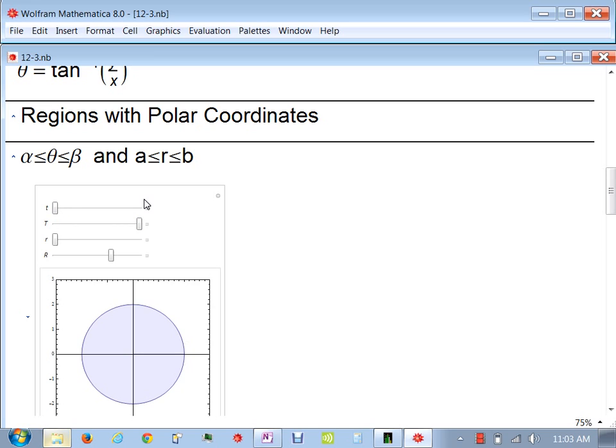Like that would be a region where my radius is between, let's say, 0 and whatever it is here, and then my angle's between where and where? 0 to 2 pi, right? But I could also bring that angle back, maybe to 3 pi over 2. Now my angle's between 0 and 3 pi over 2.